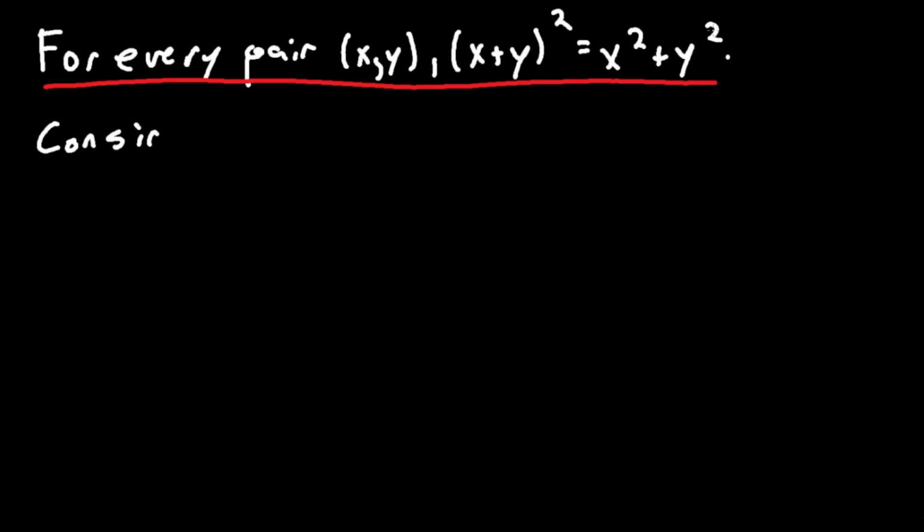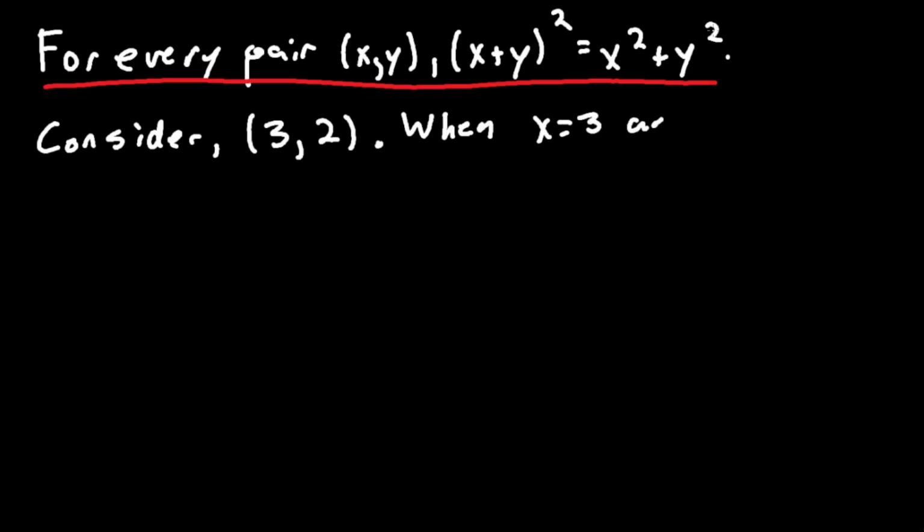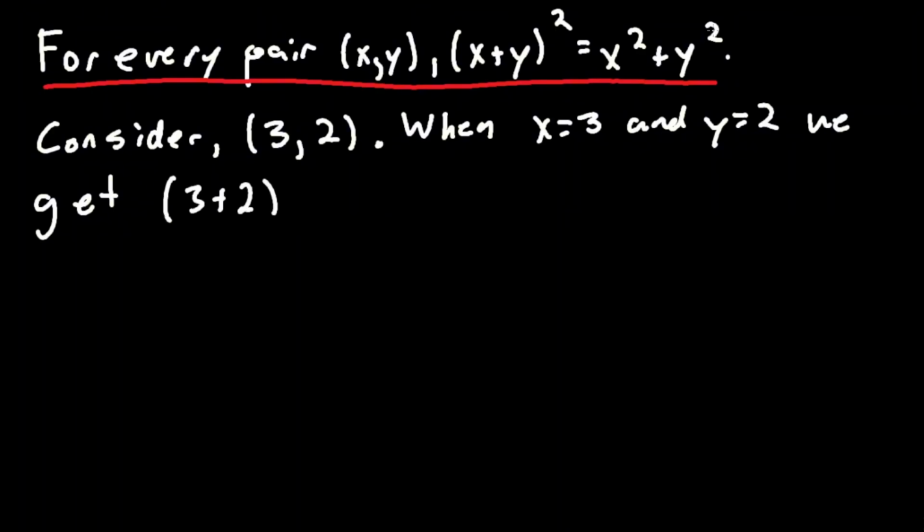Let's go ahead and write down, it doesn't really matter which one you pick. I'll write down, consider 3, 2. When x equals 3 and y is equal to 2, we get (3 plus 2) squared is equal to 3 squared plus 2 squared. We can turn this into 5 squared, which is 25.